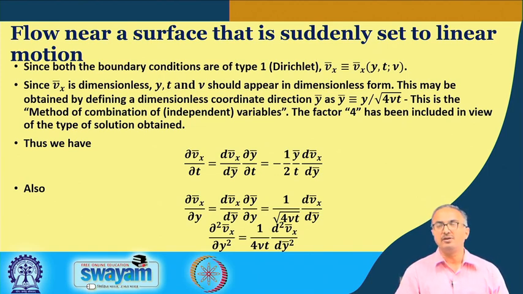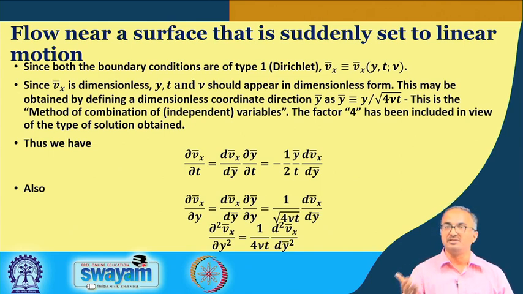This 4 is not sacrosanct, you may take it or not, it is not mandatory, but looking at the equation we obtain ultimately, we find that if we put the 4, then the non-dimensional equation will be quite compact. So, that way we take the 4 inside.